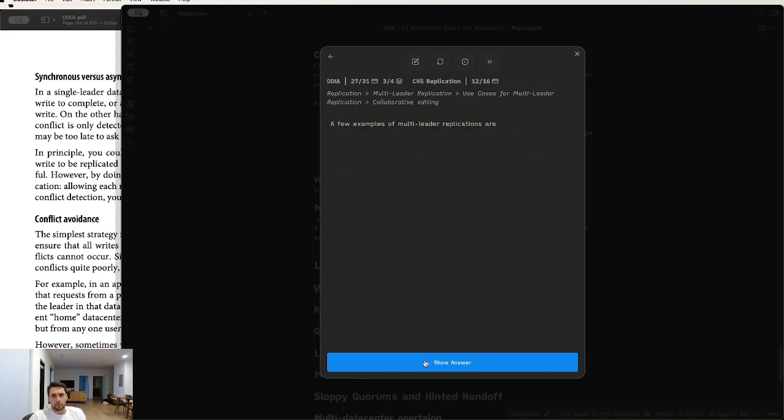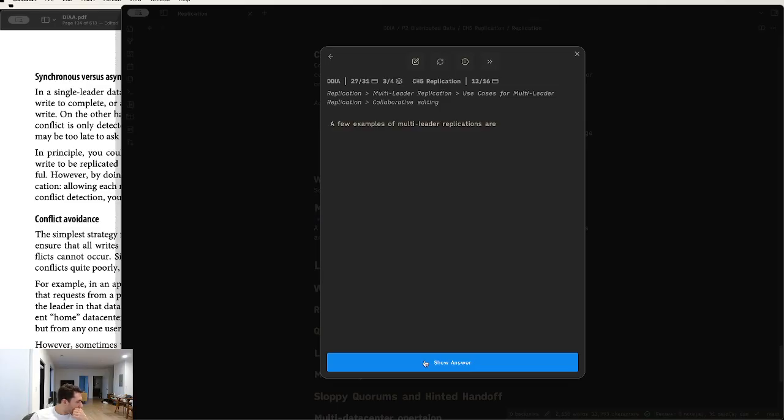A few examples of multi-leader replication: Google Docs, multi-regional database setups. There's one more. I mean, like GitHub.